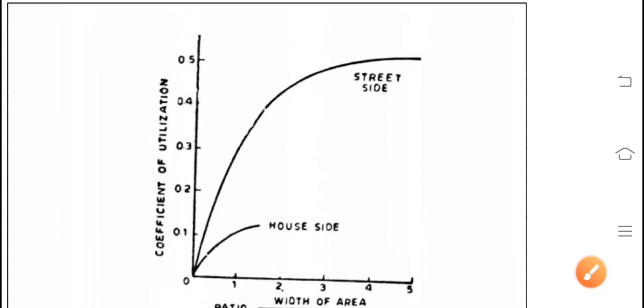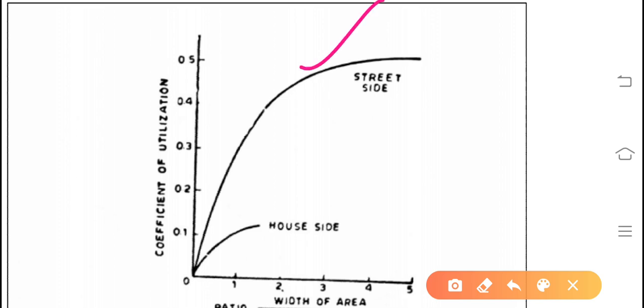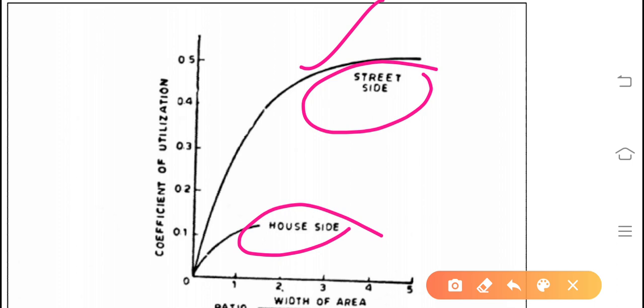This curve is for the street side, and this curve is for the house side. Street side, house side. Coefficient of utilization on the y-axis and width of area on the x-axis in meters.